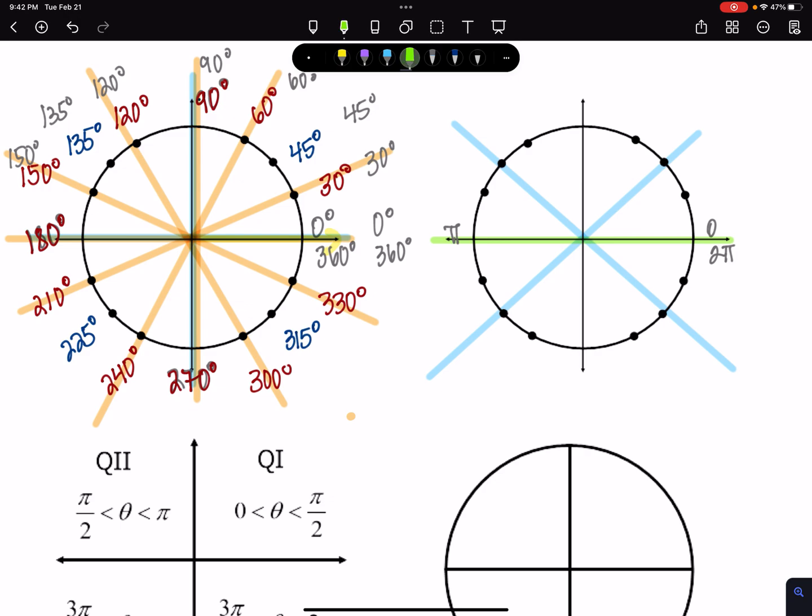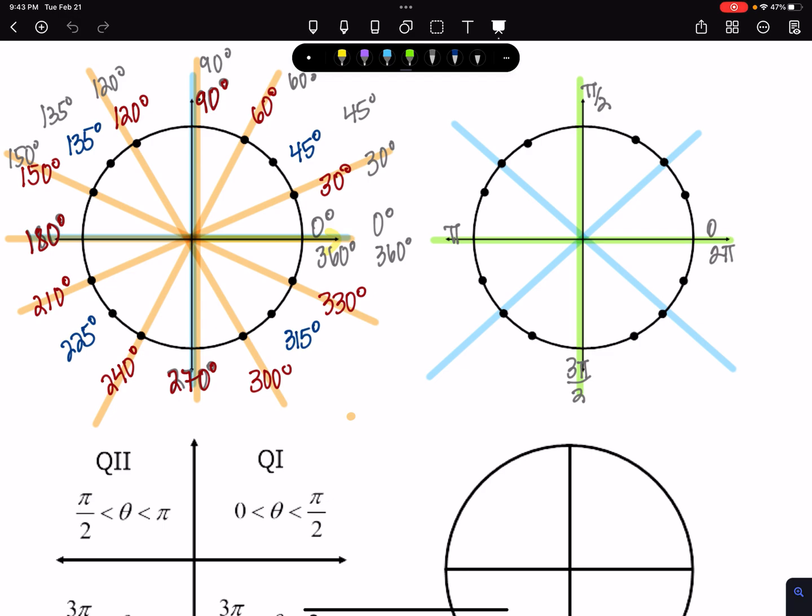And if I cut it in half again, that would be the fourths. Half of pi is pi over 2. And then I've got 1 pi over 2, 2 pi over 2, which is just 1 pi. And then 3 pi over 2. And then add another pi over 2 gives me 4 pi over 2. And 4 pi over 2 is 2 pi.